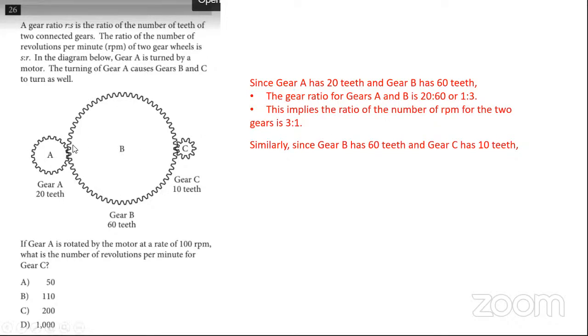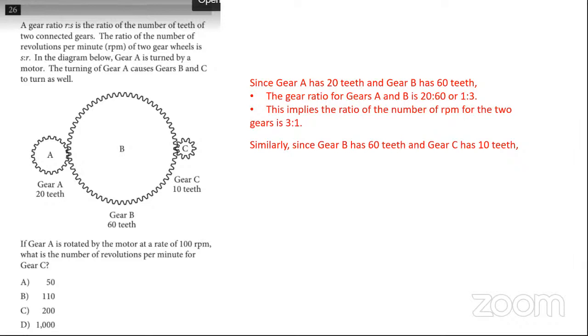Suppose gear A is rotated at a rate of 600 RPM, then gear B will be rotated at 600 by 3, that is 200 RPM. So using this ratio, we can find the RPM of gear B if gear A is given and vice versa.